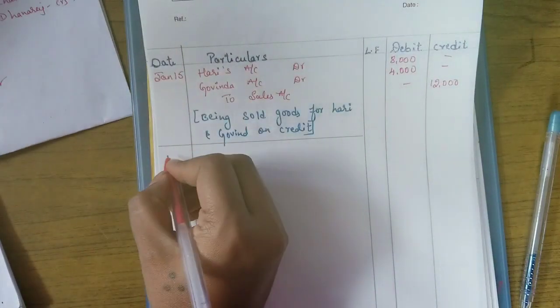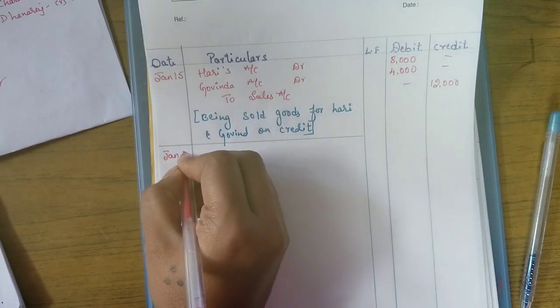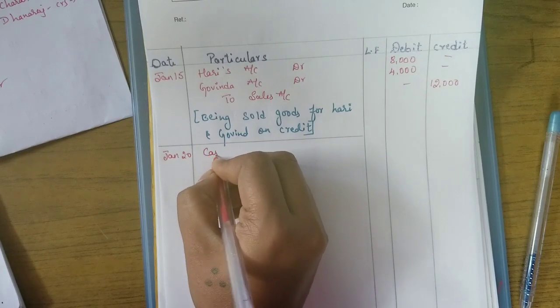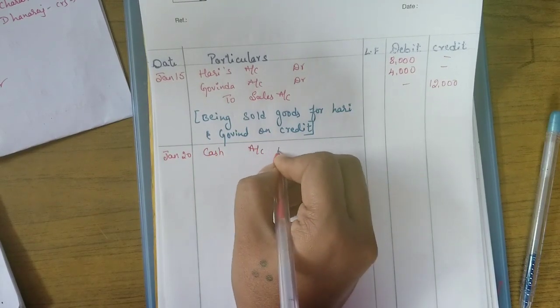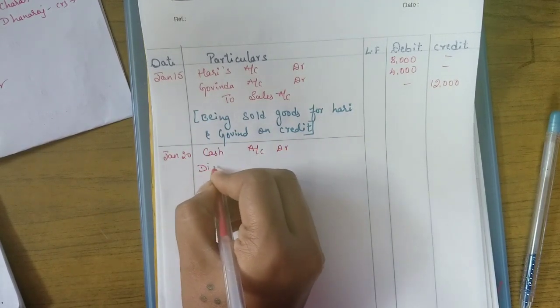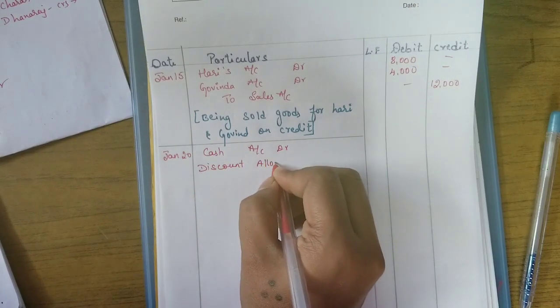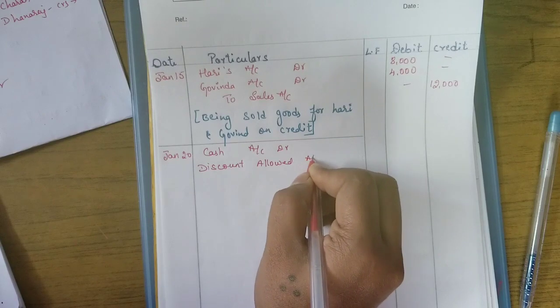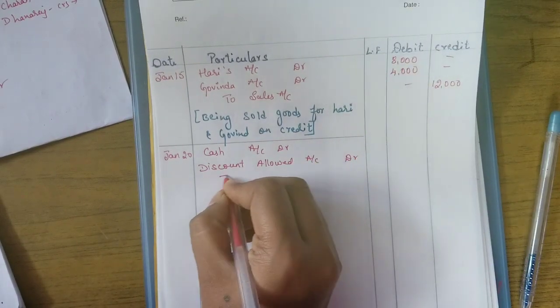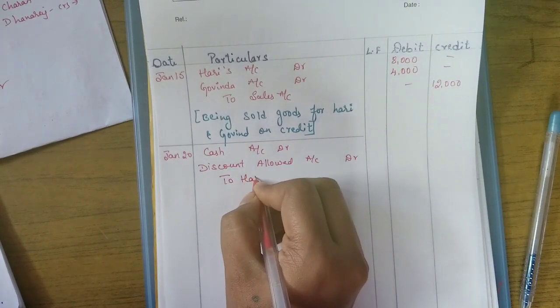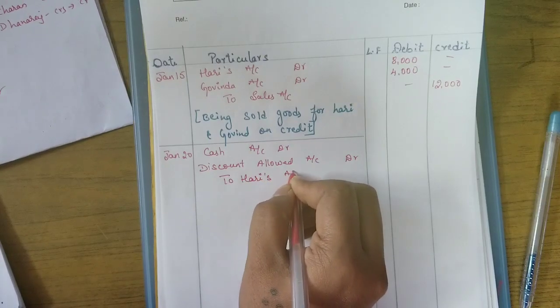So your entry will be on Jan 20th. Take the debit items: cash account debtor, discount allowed account debtor to Hari's account. Hari's account is credited.